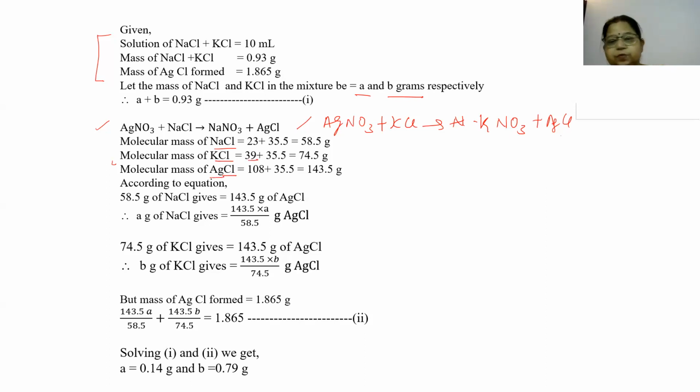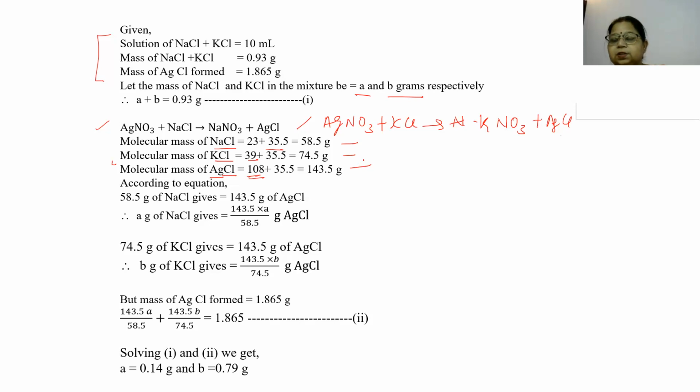Silver may be new information for you. Remember the atomic mass of silver is 108. All of them are chlorides, so for chlorine, you will be taking 35.5 to find the molecular mass of sodium chloride, potassium chloride, and silver chloride.